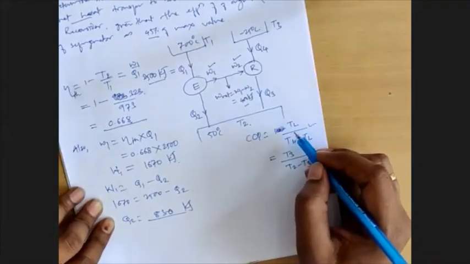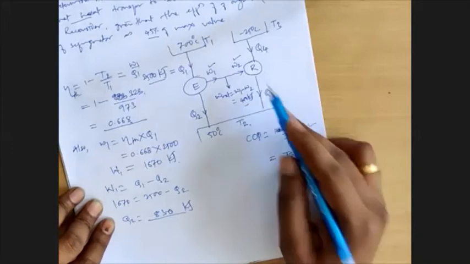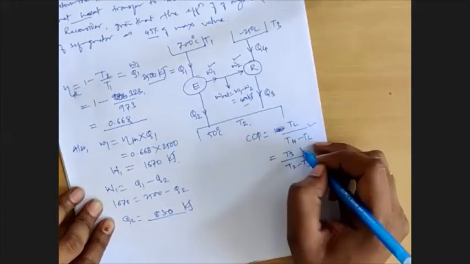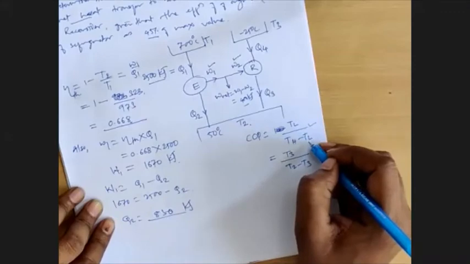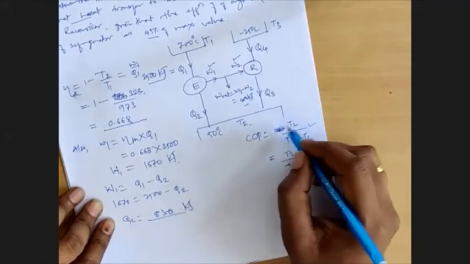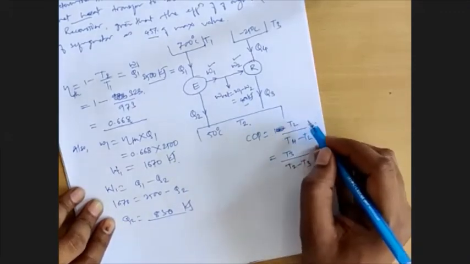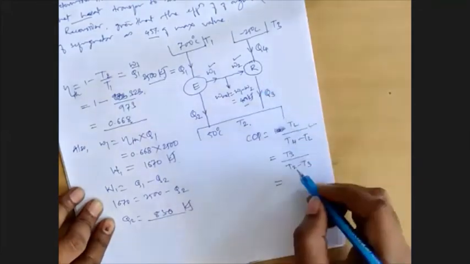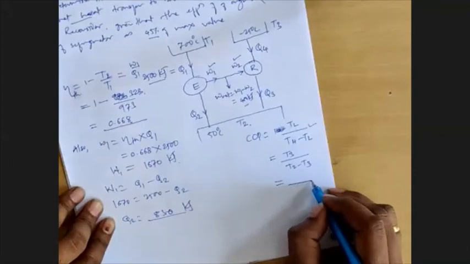If it had been a heat pump in place of a refrigerator, the relation would have become T higher by T higher minus T lower, because higher will be desired. In case of a refrigerator, lower is desired. So T3 by T2 minus T3, put the values of temperature and tell me the COP.